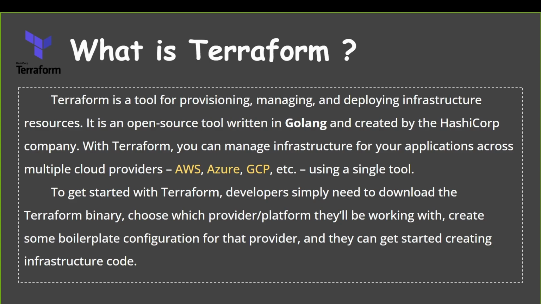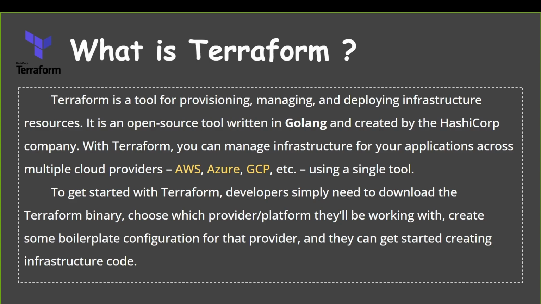So Terraform is a tool for provisioning, managing, and deploying infrastructure resources. It is open source, written in Golang and created by HashiCorp, which is the company which owns it. It can manage infrastructure of your applications across multiple cloud providers like AWS, Azure, GCP, Alibaba, and many more.